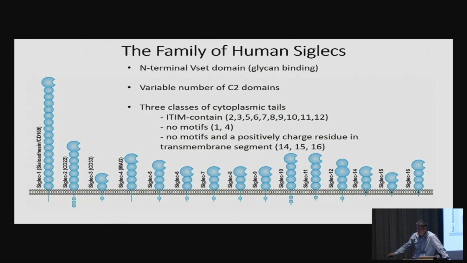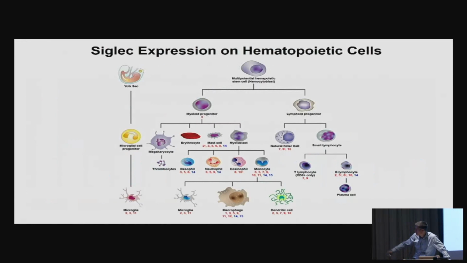There's 2 here that you see don't have a motif. That doesn't mean that they can't do interesting things. They just don't have this interesting motif. And then these 3 on the end have a positively charged residue in the transmembrane region. If you remember first year biochemistry, a positively charged residue has really no business being in a transmembrane, and I'll touch on what that does.